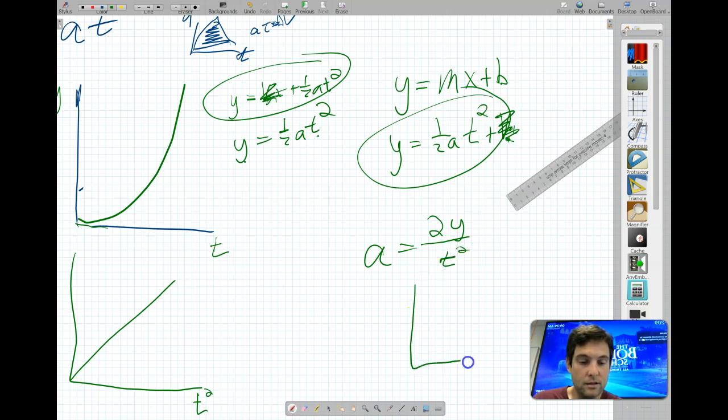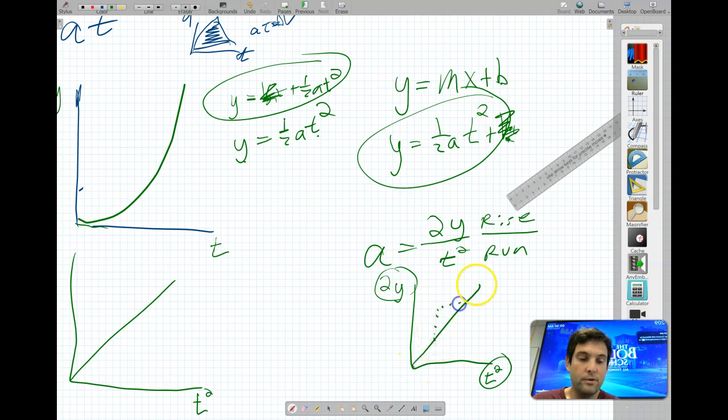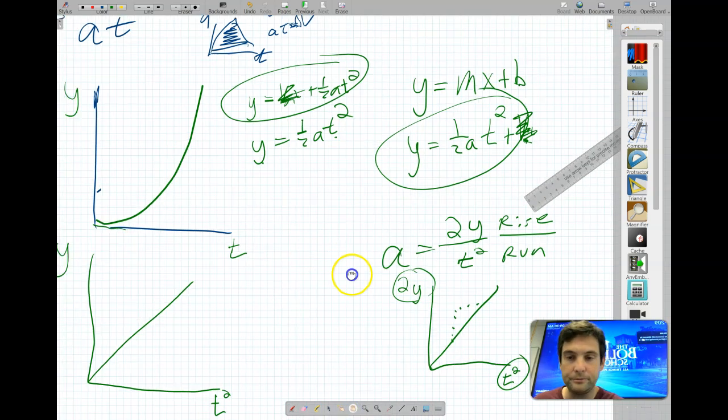So to get the slope of a graph, I'm going to plot y versus t squared. This is my rise. This is my run. Because it's a fraction, I can plot those two things. Maybe if you don't want to do an extra step and figure out what to do with that 2, we can just plot 2y versus t squared. That's allowed. Now our slope of that straight line is going to be our acceleration, just like we were asked.